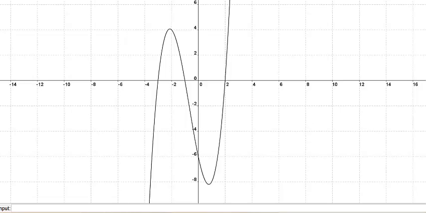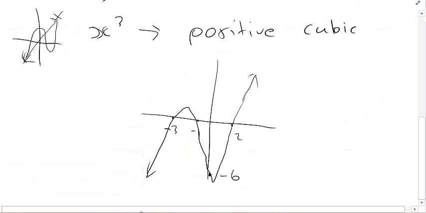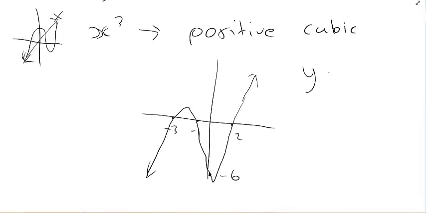So that's our example of sketching our cubic equations. I will make a couple of other videos that talk about sketching cubics that are in different forms.